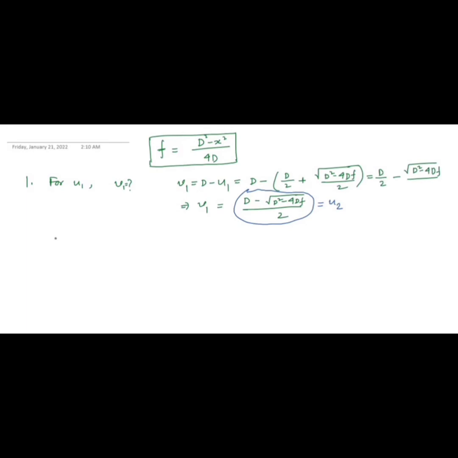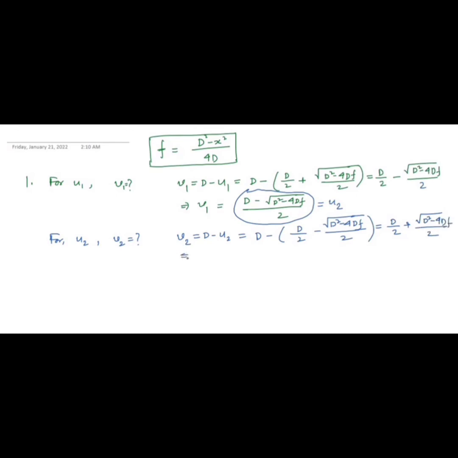Now look at this. For u2, if I want to find out the value of v2, what is v2? v2 is equal to d minus u2. So this is equal to d minus (d by 2 minus root over d square minus 4df upon 2), and that gives us d by 2 plus root over d square minus 4df upon 2.